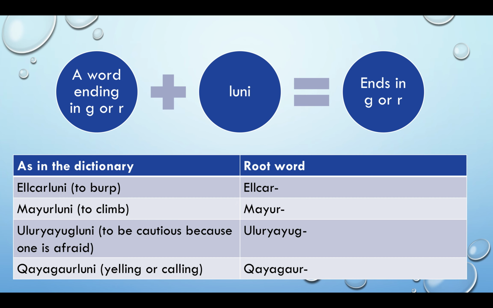All right, a word ending in G or R that is more than one syllable, plus luni or lugu, ends in a G or an R. So all we do is drop the luni, and that is the root word. For example, llachluni to burp, the root word would be llach. Mayochluni to climb, the root word mayoch.